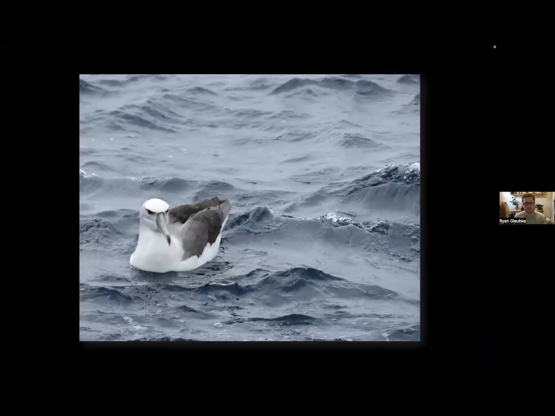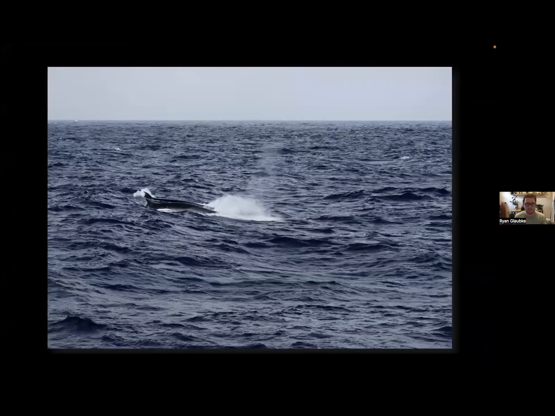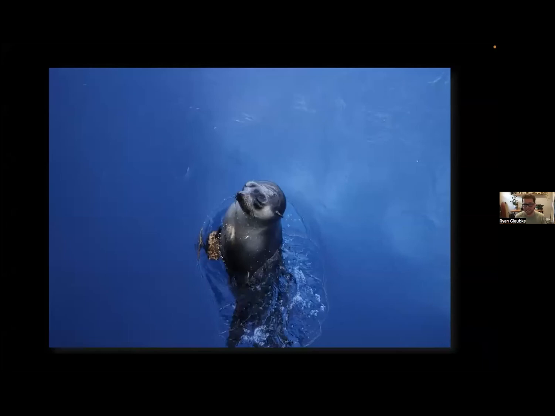We saw a bunch of minke whales, and we saw a seal that was very friendly to us and would eat Cheetos that we threw off the back of the ship, except the bacon flavored ones. We had really disgusting bacon flavored Cheetos from Australia, and no one liked them. So we tried to feed them to the wildlife, and they did not like it either.